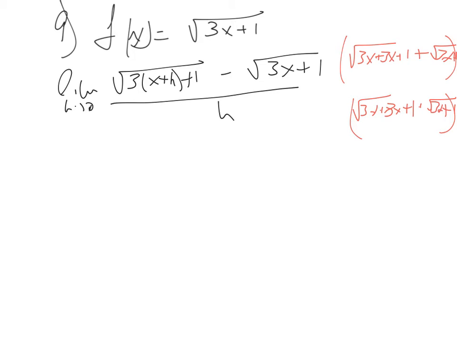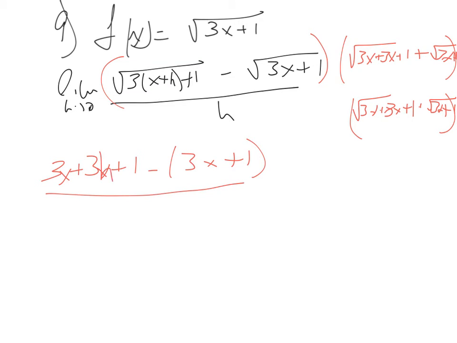So what happens when we multiply the numerators, we get 3x plus 3h plus 1 minus (3x plus 1) all over the denominator, which should be h times the square root of 3x plus 3h plus 1 plus the square root of 3x plus 1. And again, this is as the limit of h is approaching 0.